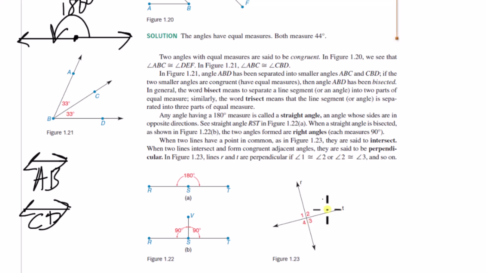They're saying that the two lines intersect, and the bisection makes congruent angles. So here's the point: this side bisects this straight angle because the two angles are equal. Then they're perpendicular.